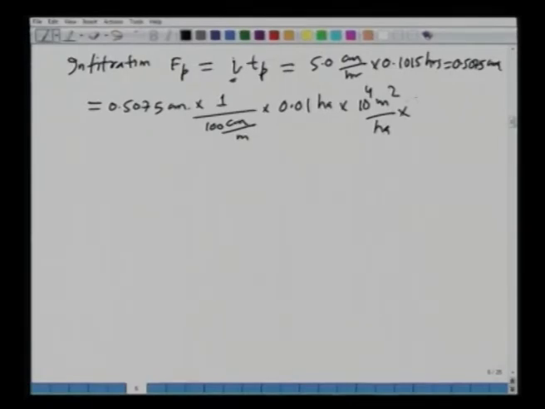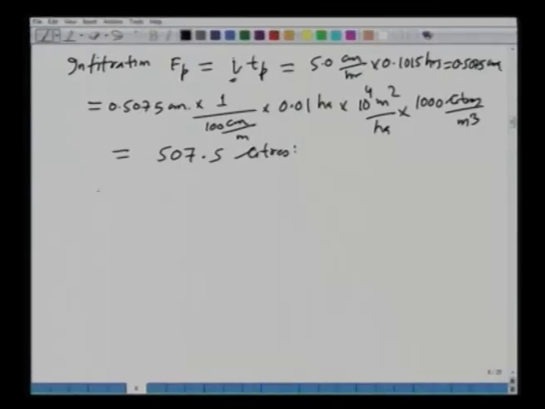And then if you want, this is in meter cube, all of this you can convert into liters. So, you have 1000 liters in 1 meter cube. You can see all the things will cancel out, and what you will have is the answer in liters: 507.5 liters of water will infiltrate at t equal to 6.1 minutes.